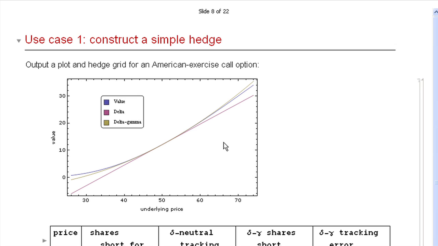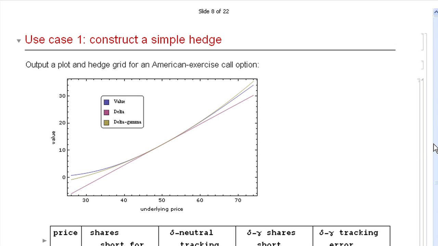And because we have the Greeks, which are the partial derivatives of the value with respect to the underlying price, you can do this approximation. So the function is expanded about the underlying price equals 50, and you can see that the linear approximation is somewhat good and gets worse the farther away you go, and the quadratic approximation is better.